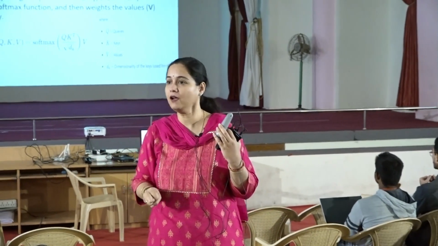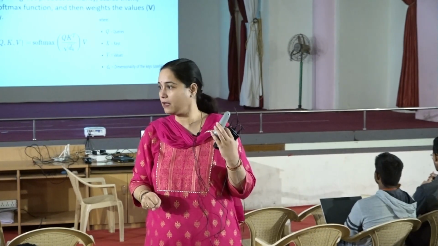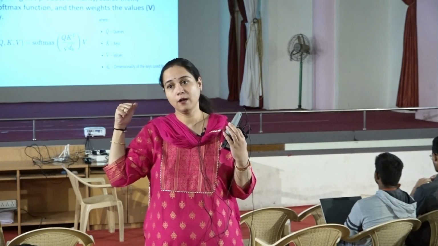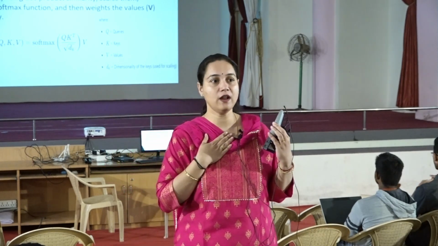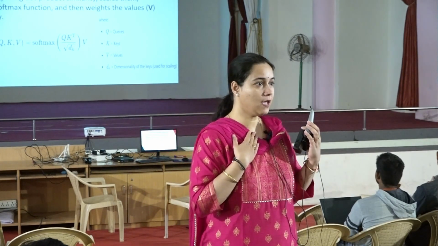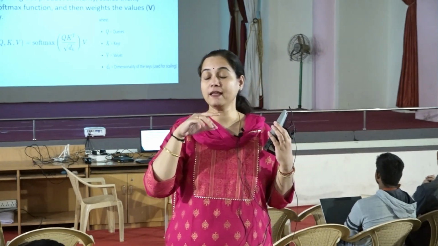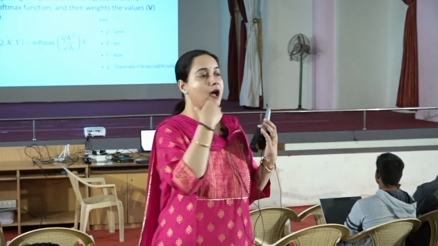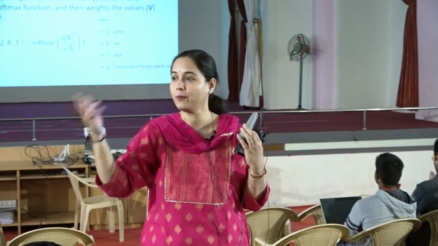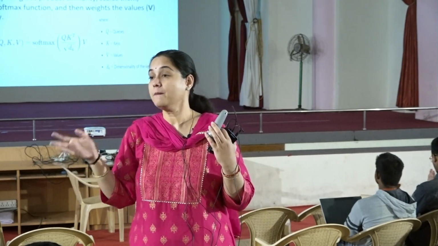So hi to hi, hi to I, hi to am, hi to Priyanka. I calculate the attention scores. Clear enough, guys? How do I calculate? Scaled dot product. Suppose I am calculating for hi. So what is my query? Hi. Okay? And then it will calculate attention score with hi to hi, hi to I, hi to am, hi to Priyanka. Based on what?